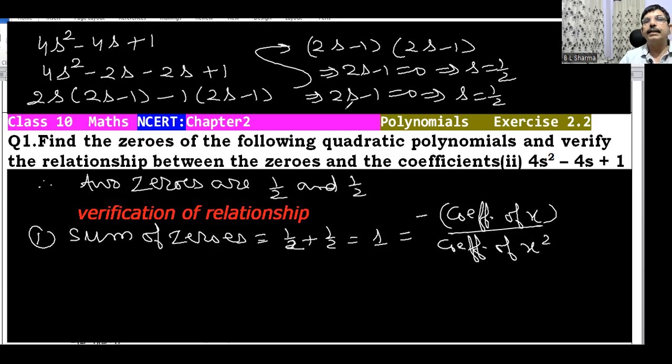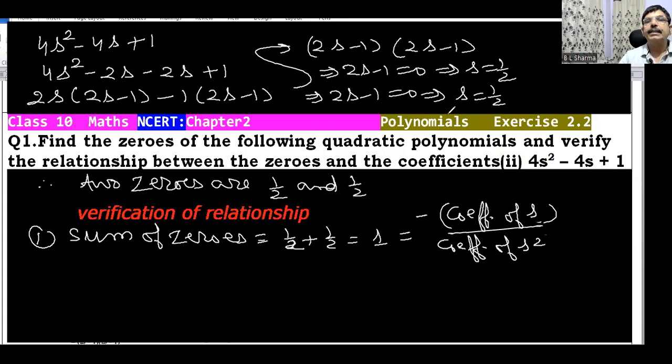See here, it is not x, it is s. Because the variable here is s, so coefficient of s upon coefficient of s square.